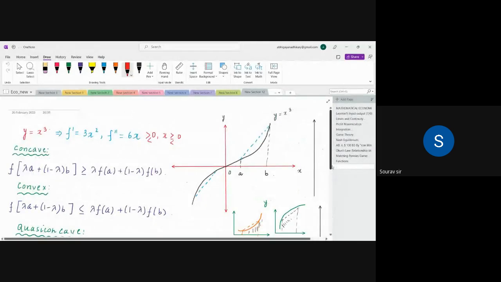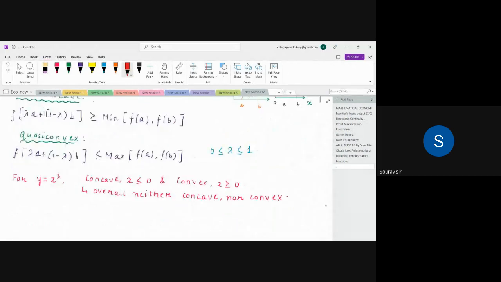All right. So the conclusion that we got over here is that the function is concave for negative values, and convex for positive values. That means the entire real line is neither concave nor convex. That's the first conclusion for this y equals x cube curve.